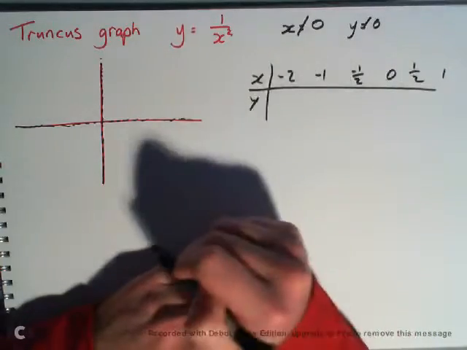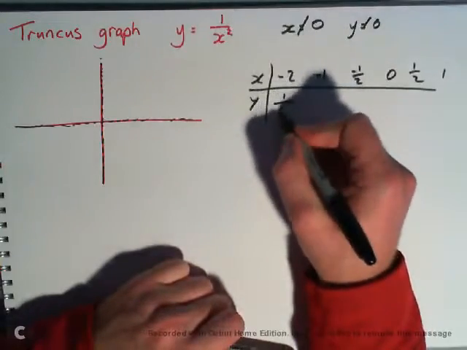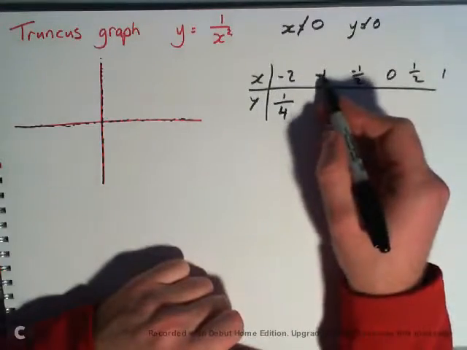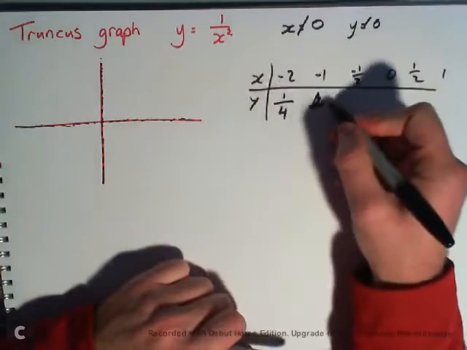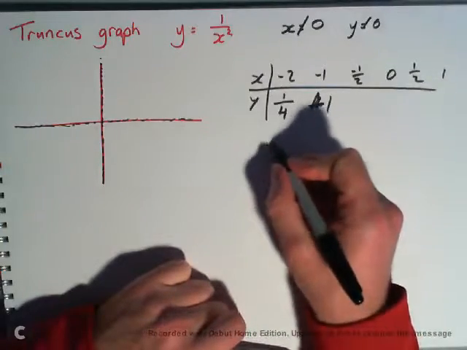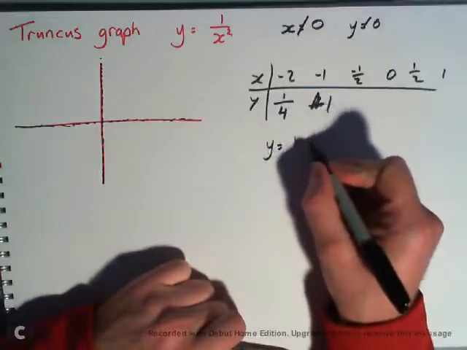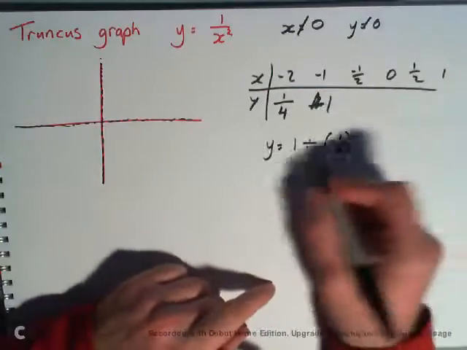What happens at -2? -2 squared, we get 1 over 4. At -1, we get 1 over, well, that'll be just 1. At minus a half, again we get y equals 1 divided by minus a half. Flip and multiply.